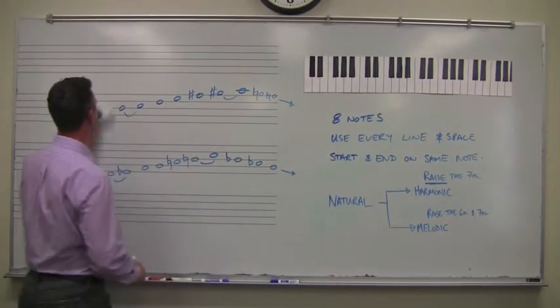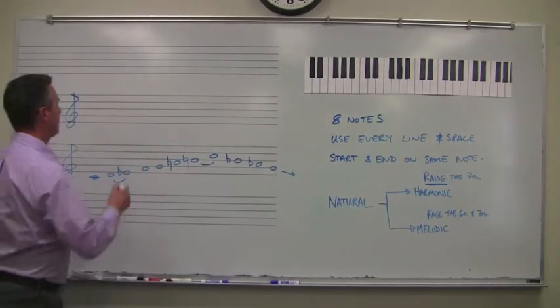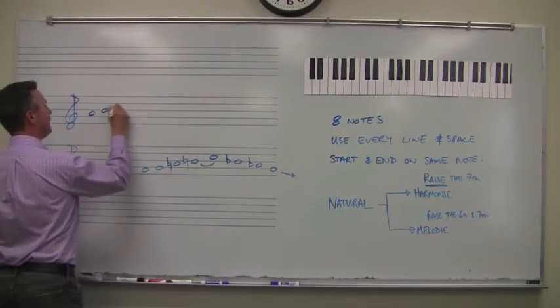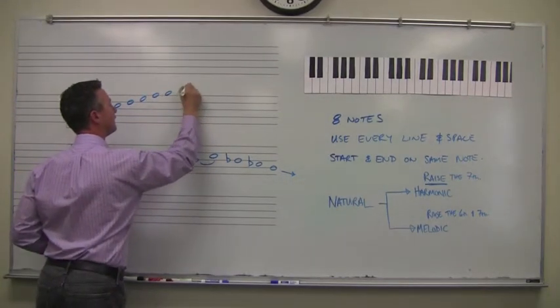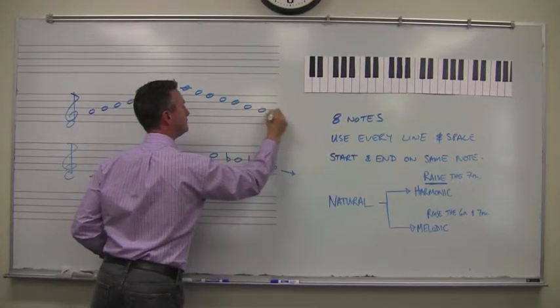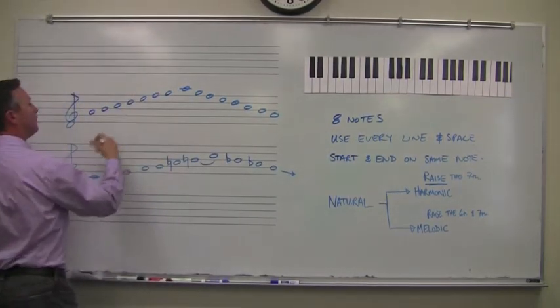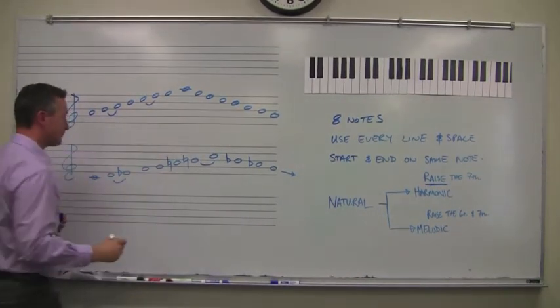So if I were to write out a melodic minor scale ascending and descending, I would write the notes ascending of a natural minor scale. I would know where my half steps are in the natural minor scale, and I might even mark them.